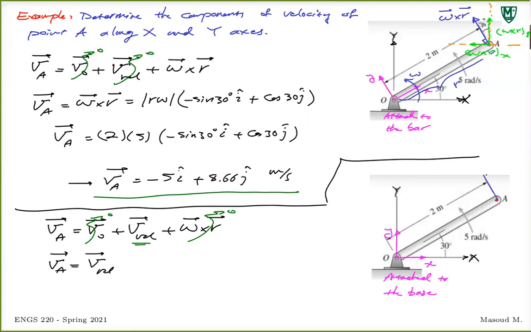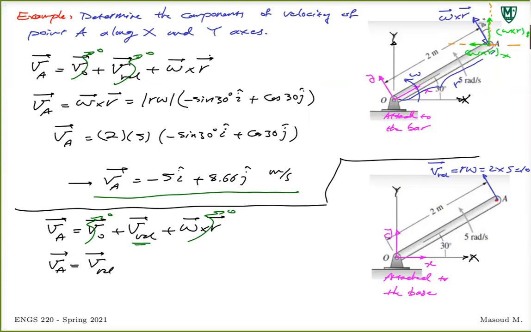Now, the only difference is that your V relative you can look at as rotation about a fixed point. Fixed axis, what we learned before. So that becomes R omega again. It's 2 times 5 is 10, the same story.